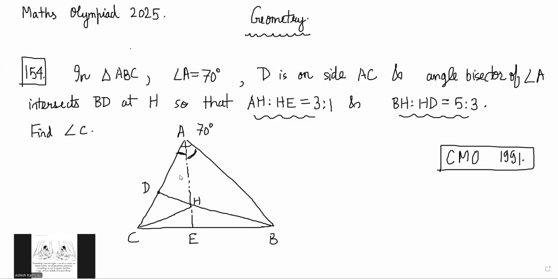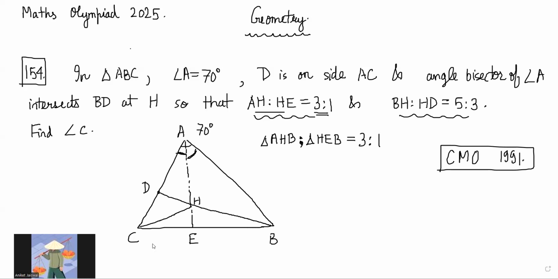So technically, if you think of AH by HE is 3 is to 1, we can say that the ratio of area of triangle AHB and triangle HEB will also be 3 is to 1.